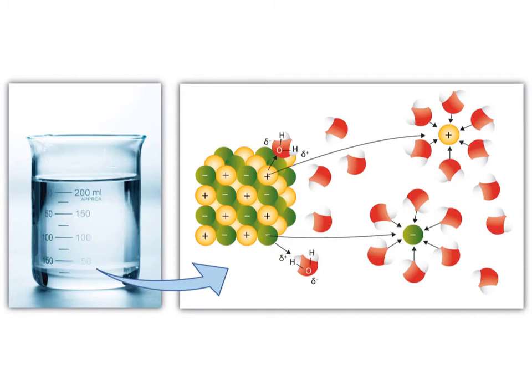And that slight positive hydrogen end will be attracted to the negatively charged chloride ions. And it's enough of an attraction to overcome the attraction that these two ions have for each other. And so it's able to separate them and surround each ion with water molecules. So what we end up with is these ions floating around in our solution.